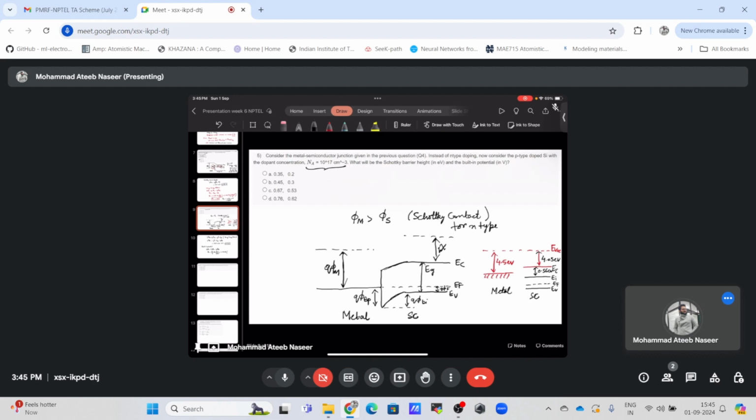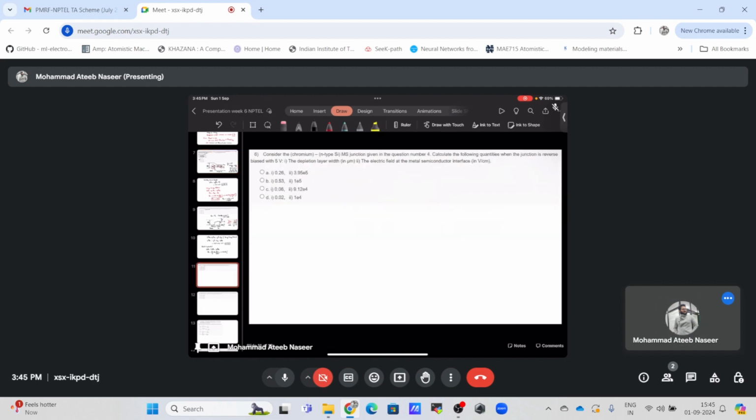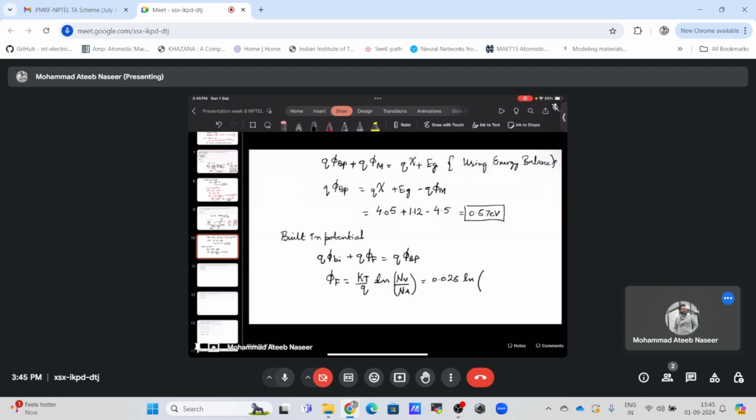Nv is 1.83 into 10 to the power of 19, divided by Na, which is 10 to the power of 17 per centimeter cube.